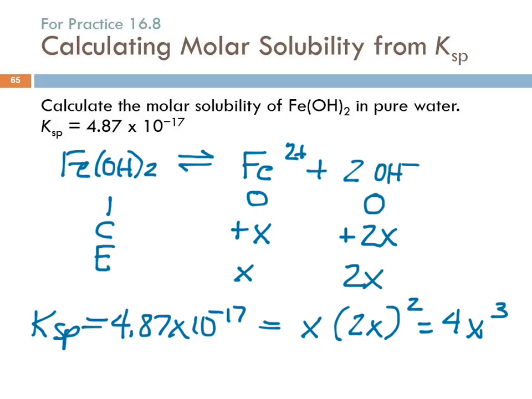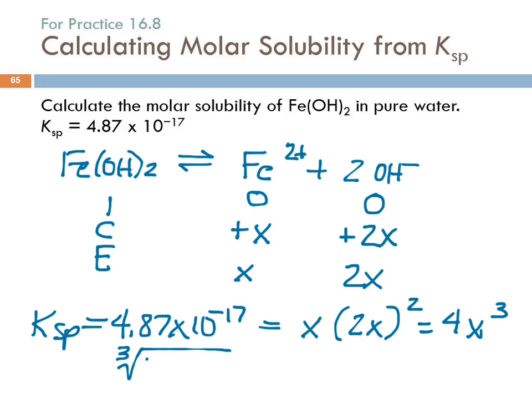It's the cube root of 4.87 times 10 to the minus 17 divided by 4. Yeah, this is what I'm doing on my calculator.